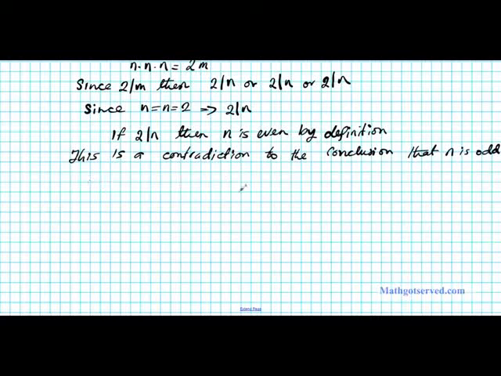All right, so this basically completes the proof that if n to the third plus 5 is odd, then Q is true. Then n is even.